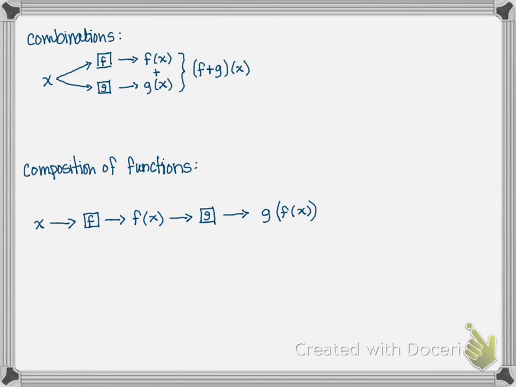Like, for instance, suppose you have a square. We know that if the side of the square is s, then the area of the square is given by s squared.